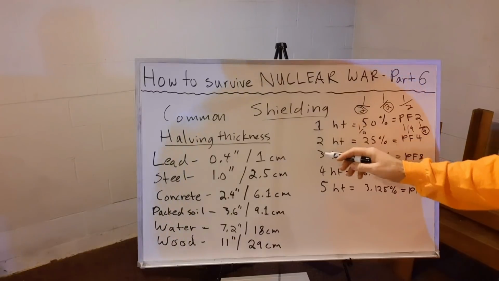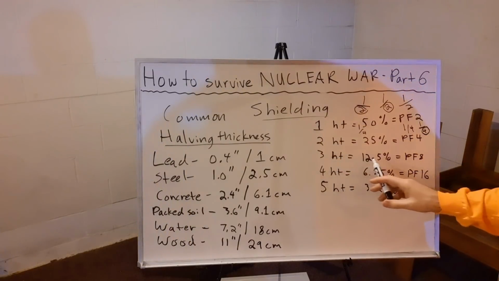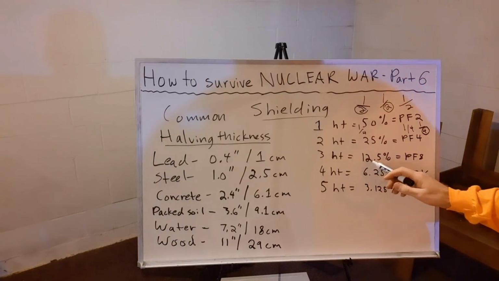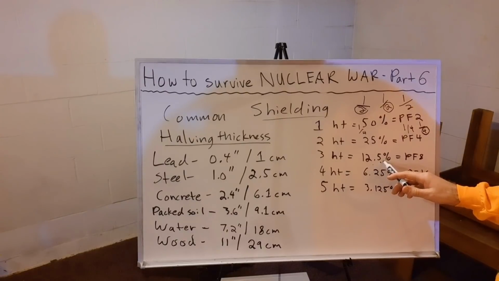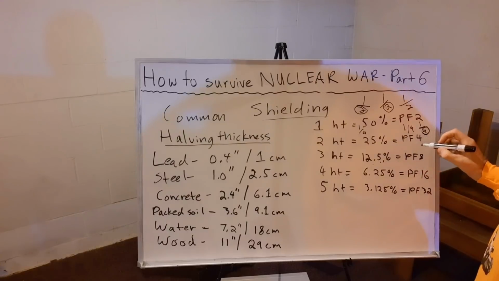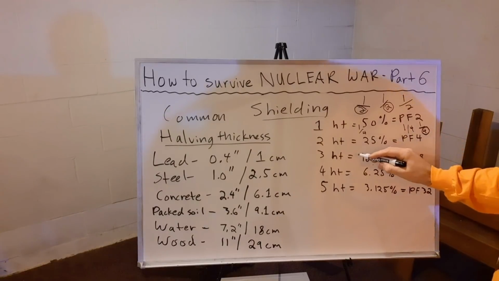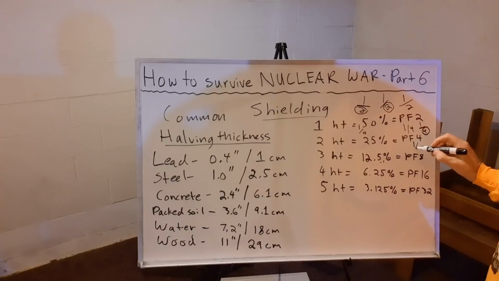Now, if we add another halving thickness, 3 halving thicknesses, then we only are receiving 12.5% of the radiation, and that's going to have a protection factor of 8, because we're getting 1/8 of the radiation now.